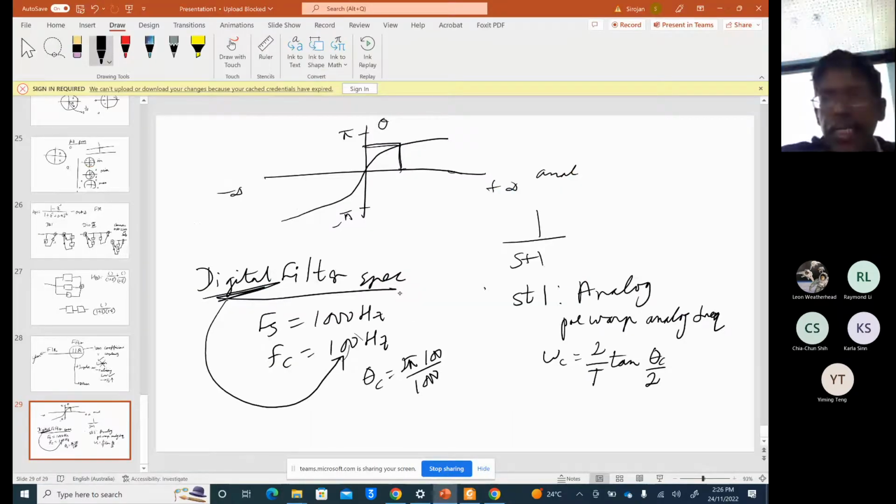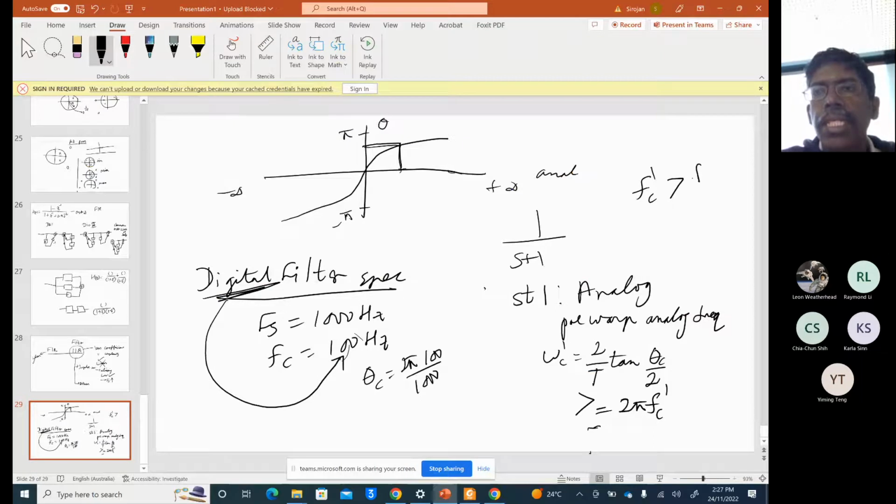And what you are getting is omega c dash, which is equal to 2 pi fc dash. As a check, this fc dash, the pre-warp frequency, has to be greater than fc.